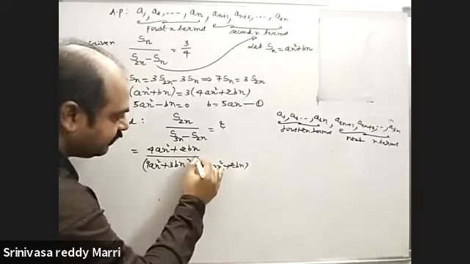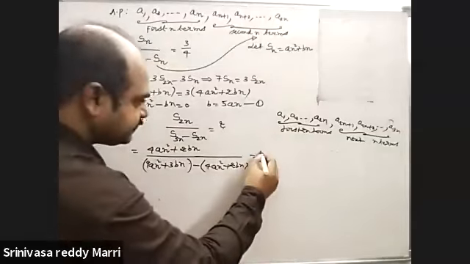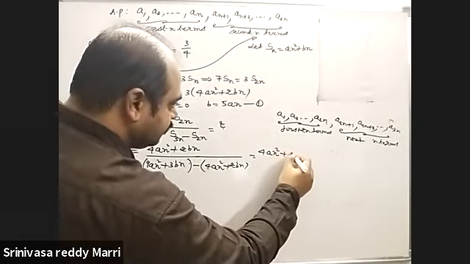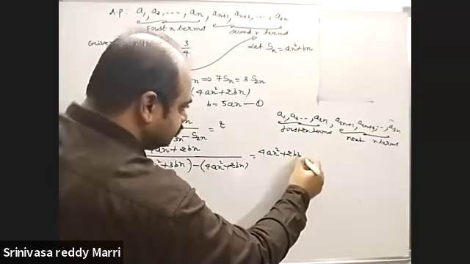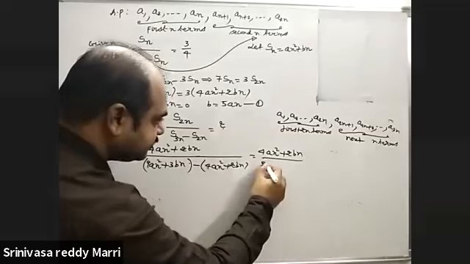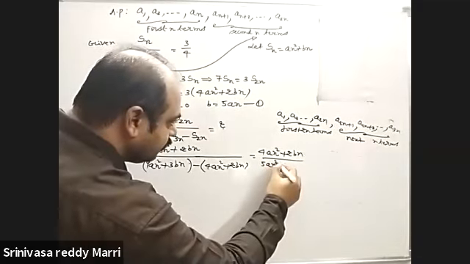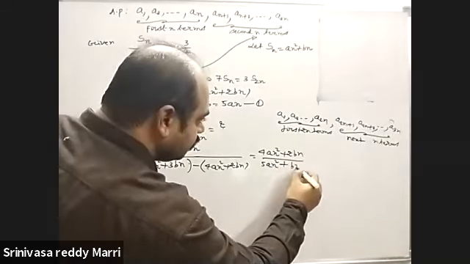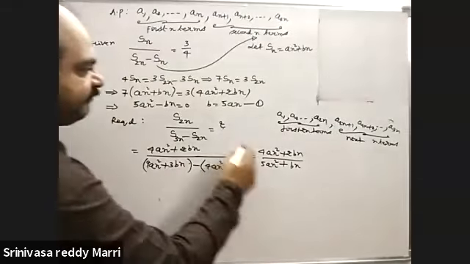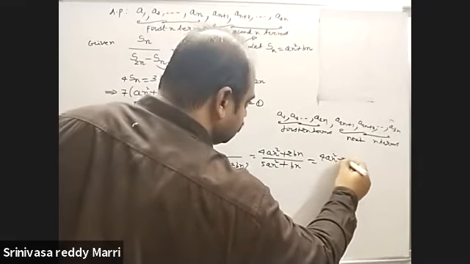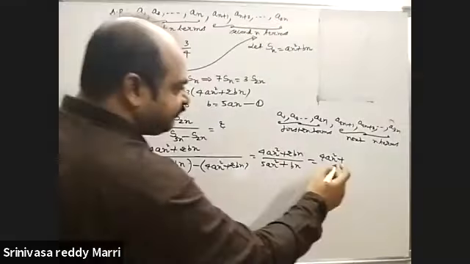So this is what you have to calculate: 4An square plus 2Bn divided by 5An square plus Bn. Now in place of B, I can substitute 5An.